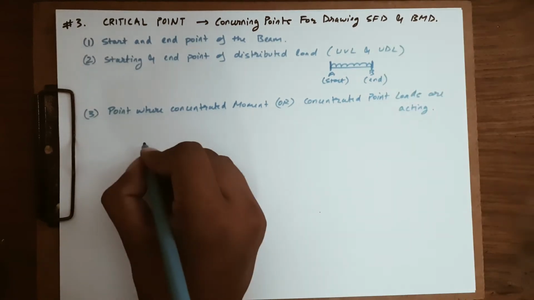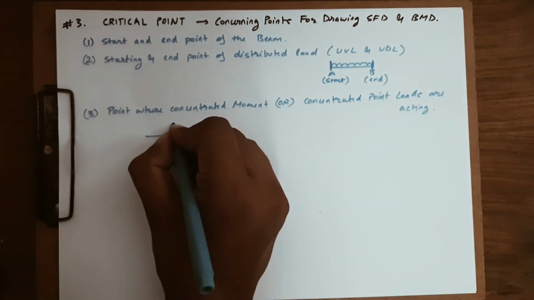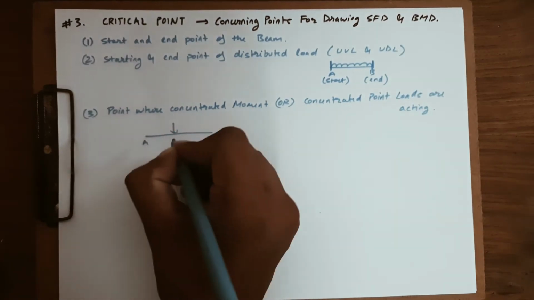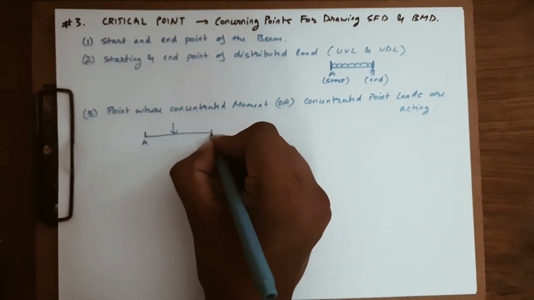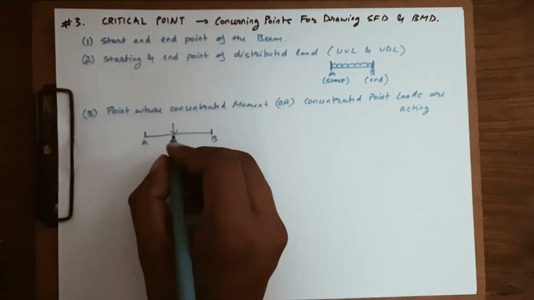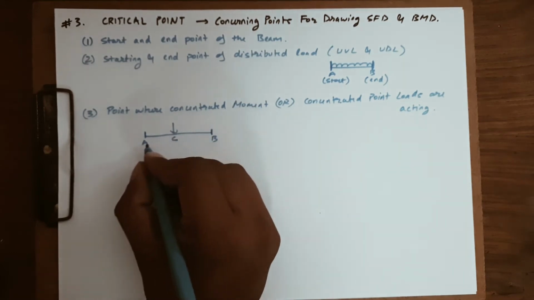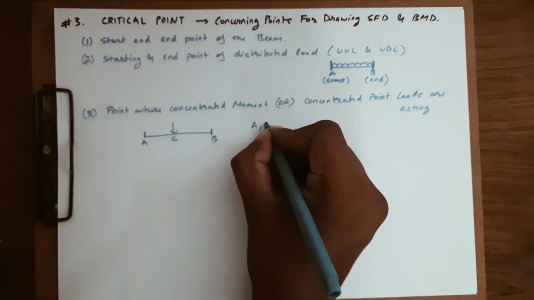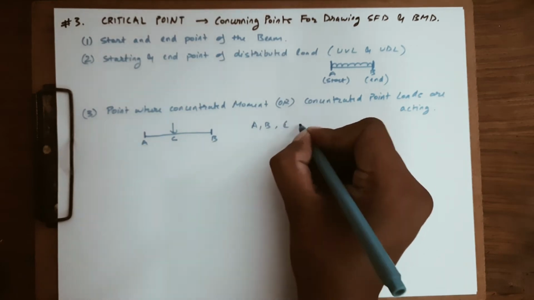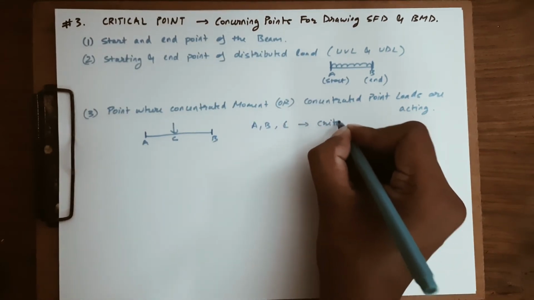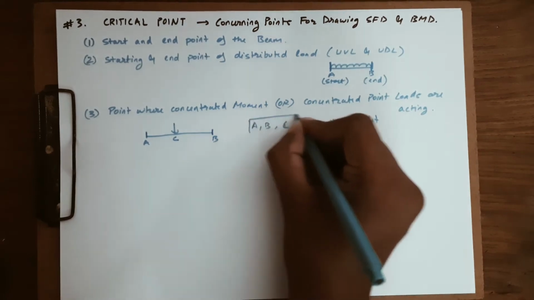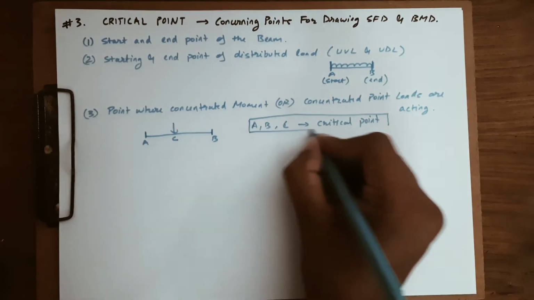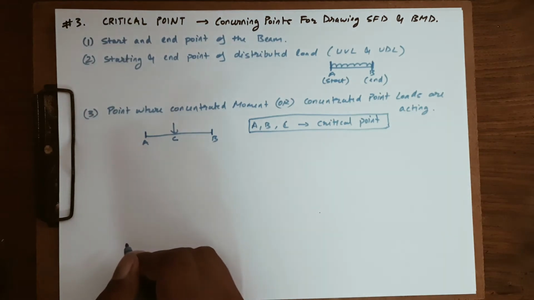It means that this is our beam. So if this is point A and this is point B, so this is the start point, this is the end point, and in this there is a middle point which is C. So A, B and C are the critical points, and critical points means that we have to find shear force and bending moment at these points for the SFD and BMD formation.